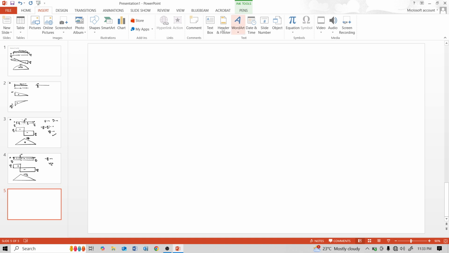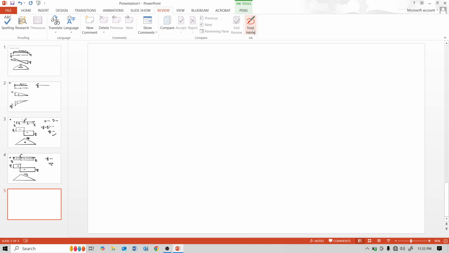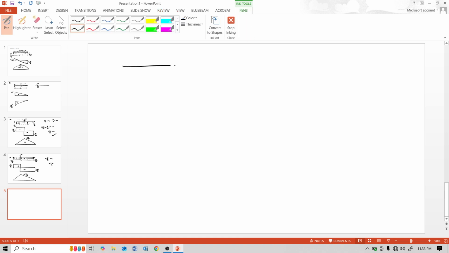Now next is fixed beam with uniformly distributed load. See, this beam is a statically indeterminate beam. Why statically indeterminate?